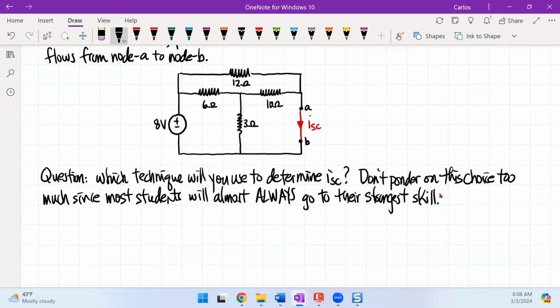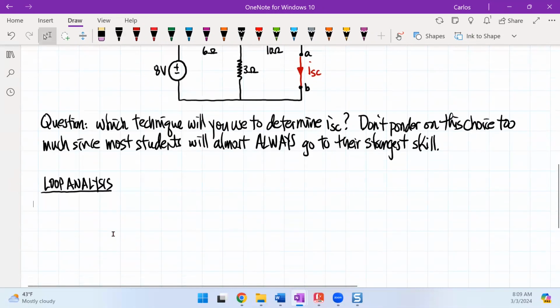So what we should do here is look at a couple of these. Probably the popular one, of course, is loop analysis. So if I look at loop analysis, what do I see here?